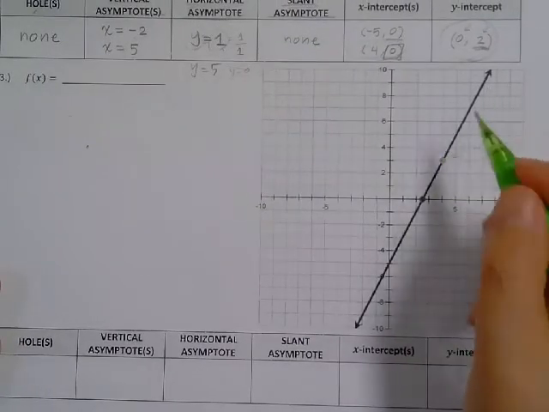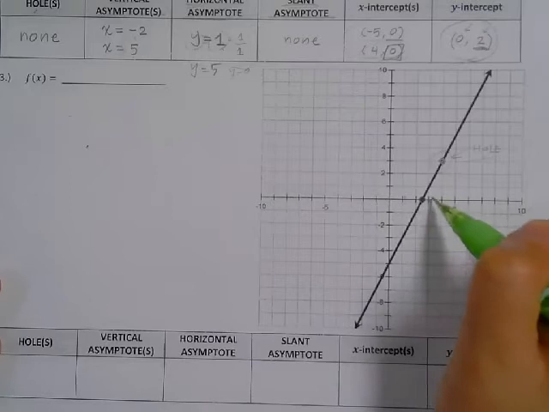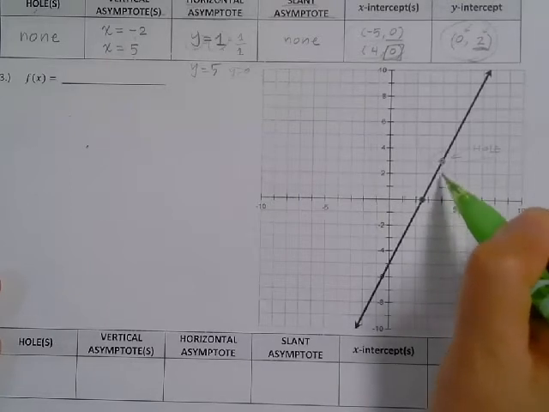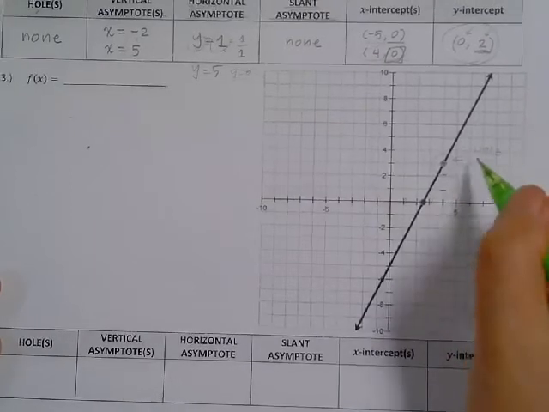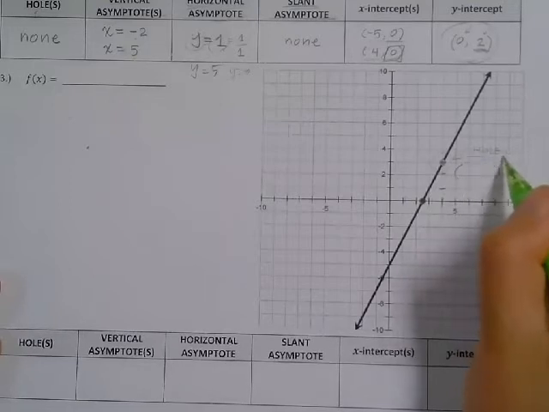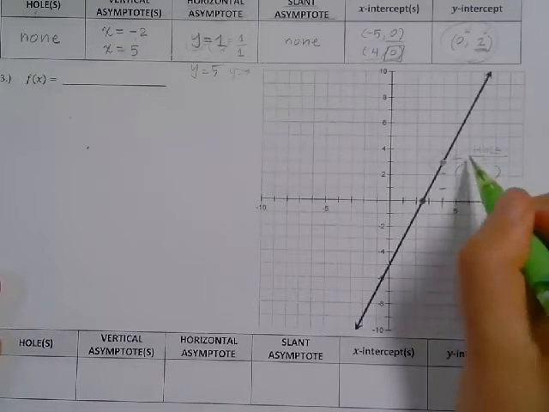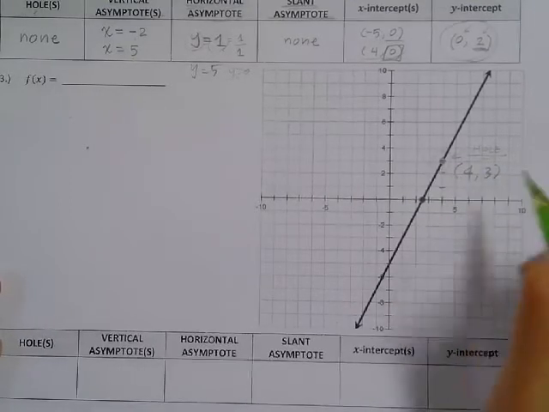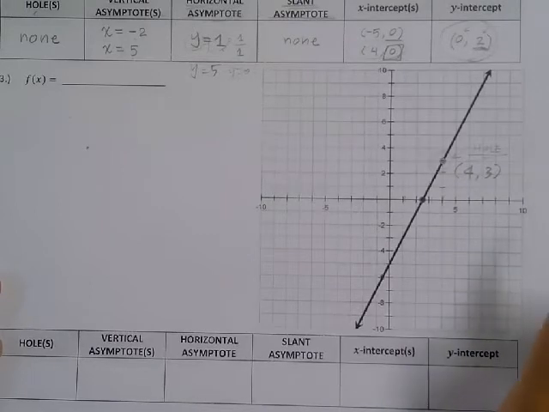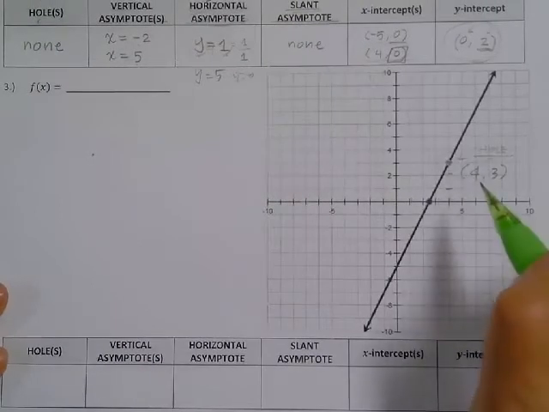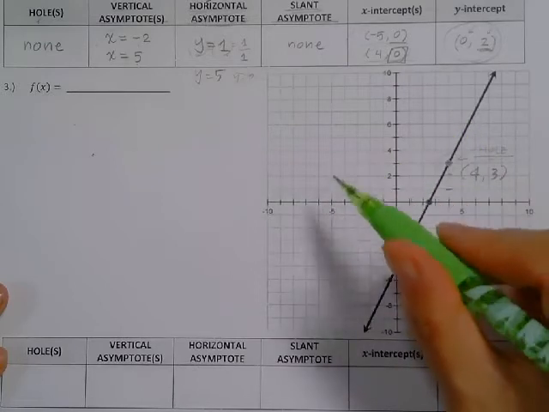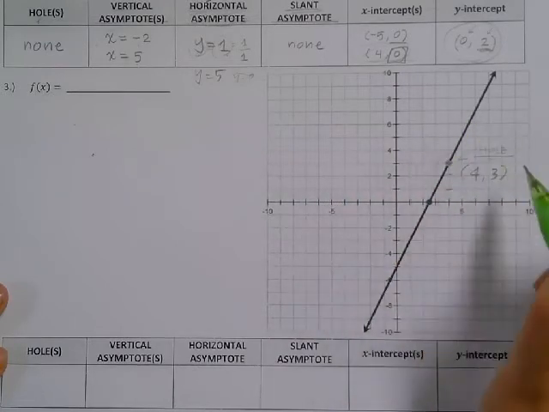Where is this hole? 1, 2, 3, 4. 1, 2, 3 up. So the coordinate where this hole is located is 4, 3. So then, what do we do from the original equation to find the position of the hole?